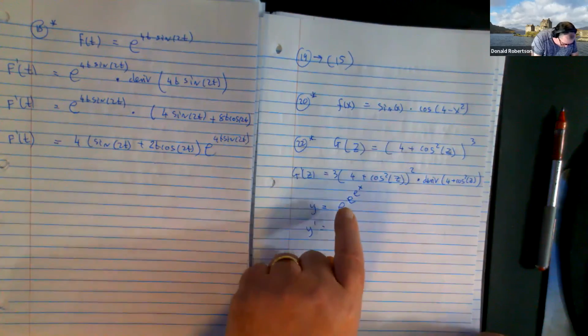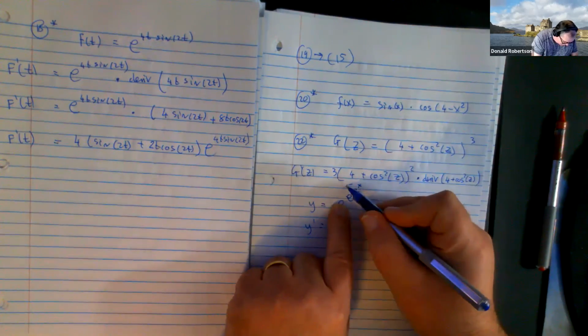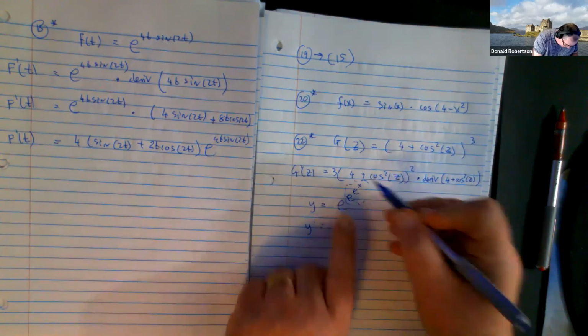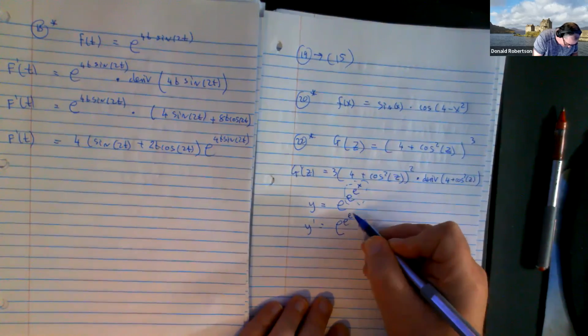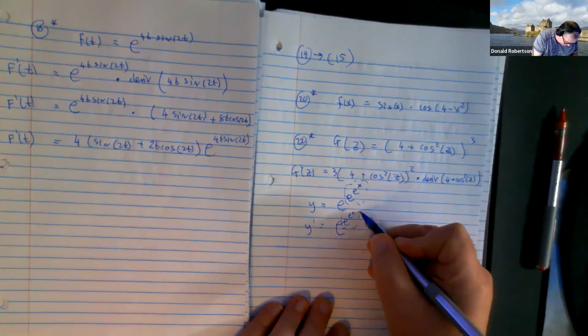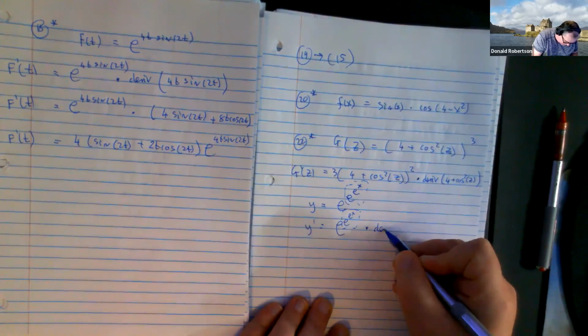E to the ugly guy. So its derivative is e to the ugly guy times the derivative of the ugly guy.